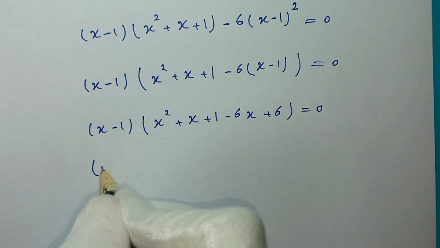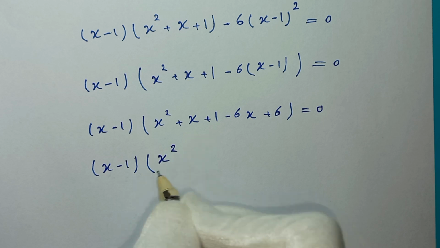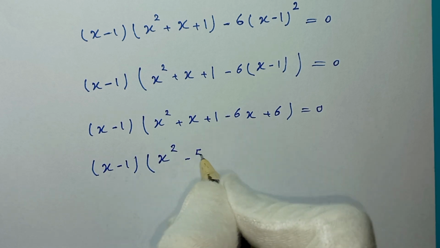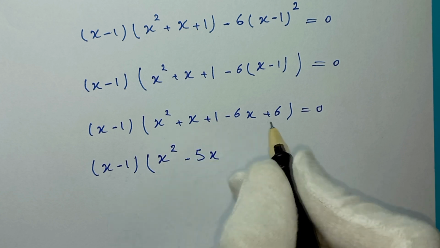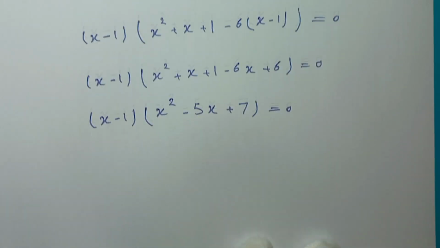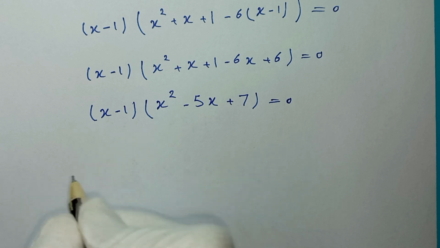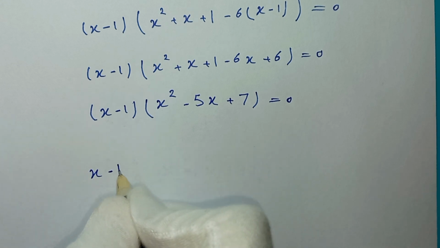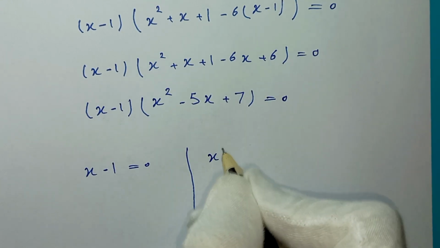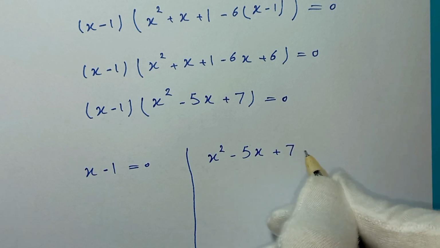And it will be x minus 1 times x squared. x minus 6x is minus 5x, and 1 plus 6 is 7, equal to 0. And from here, there are two solutions for x. So first, x minus 1 is 0, and x squared minus 5x plus 7 is 0.